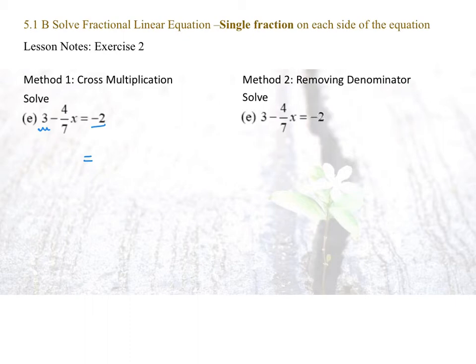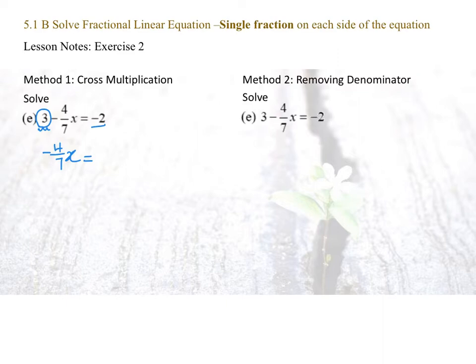Now this is 3 subtract 4 over 7x. So how do I only keep negative 4 over 7x on my left-hand side? And I do not want the number 3. What I can do is, this is actually 3 added to negative 4 over 7x. So I need to try to undo the operation, remove the 3.